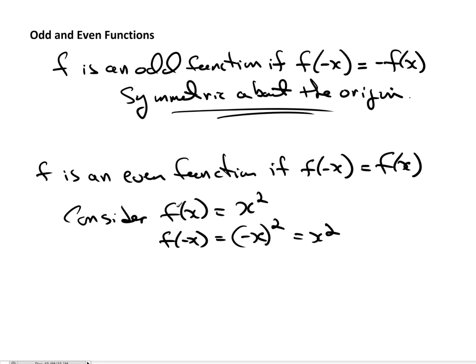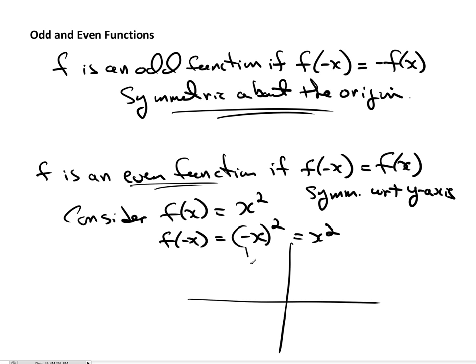Therefore, f of negative x is equal to f of x, that is an even function, which is symmetric with respect to the y-axis, which we could see if we did a quick graph of this. x squared looks like this. And this is, in fact, symmetric with respect to the y-axis, and it's an even function.